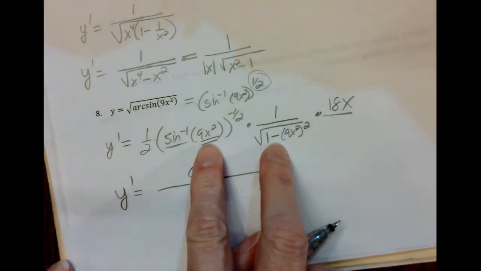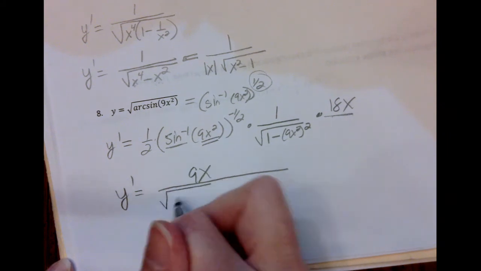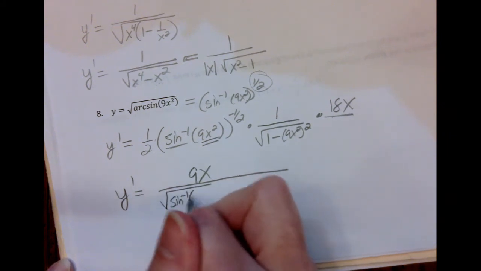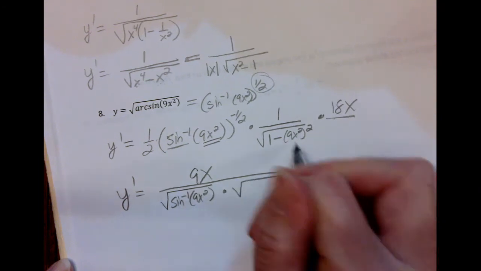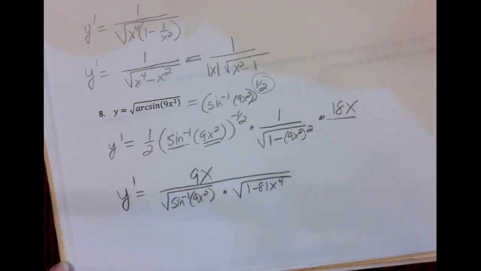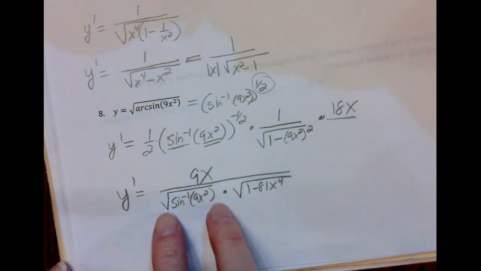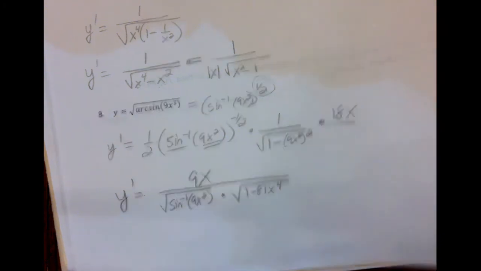The rest is in the denominator. We have a negative exponent. It flips back down, so we have inverse sine of 9x squared here, times another square root of 1 minus 81x to the fourth. You could write it all as one square root, just making sure that you use parentheses appropriately around each of those two groups.